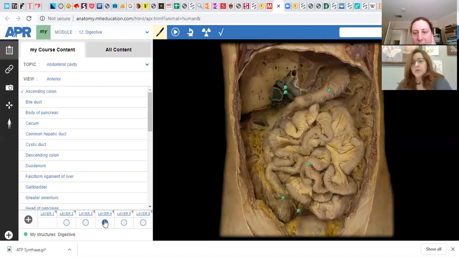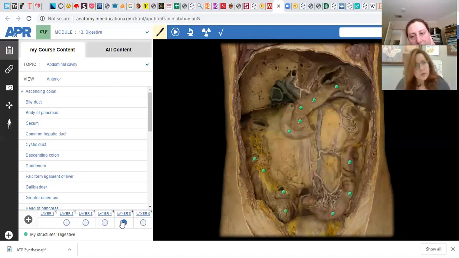And then the rest of the mesocolon, we can't really see it because it's behind this stuff as it's laying, between them and the body wall. So it's there, but we would have to pick up the intestine to see it connecting to the body wall.